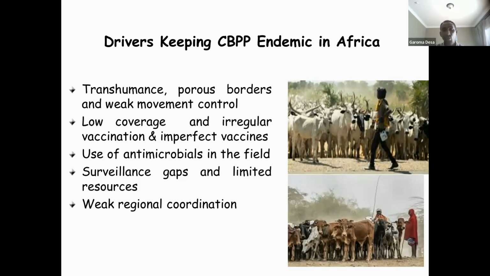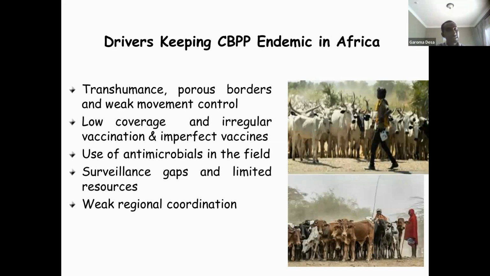They take disease from affected areas to non-affected areas. There are also porous borders, which means there are limited veterinary checkpoints to check or test the animals. And as I said on my previous slide, there is weak movement control.